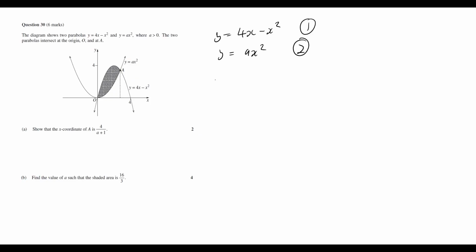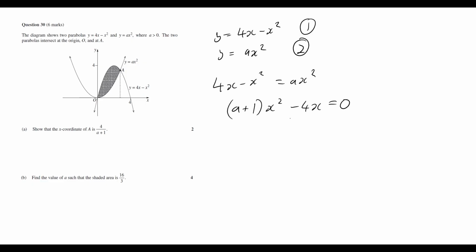Okay, so now setting these equal to each other, we get that 4x minus x squared is going to be equal to ax squared. And now let's start rearranging this and solving this. So I might bring the minus x squared to the other side, so that way it remains positive. Then I can write this as a plus 1, after factorizing, of x squared minus 4x is going to be equal to 0. Okay, so now I can look at this and factorize this again.